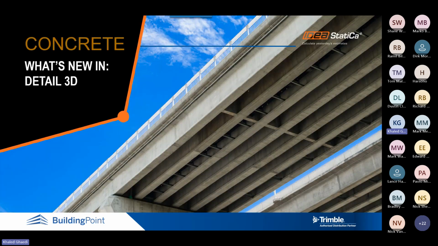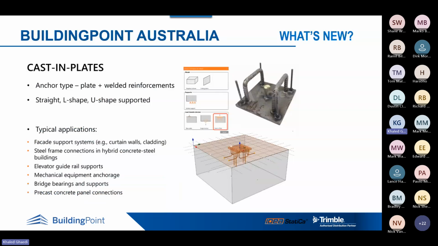And let's go to Detail 3D. In Detail 3D, we have some cool improvements as well. The first one I want to start with is the casting plates feature. Previously, we only had anchoring with the straight shape, but right now we have the straight shape, L shape, and U shape as well.